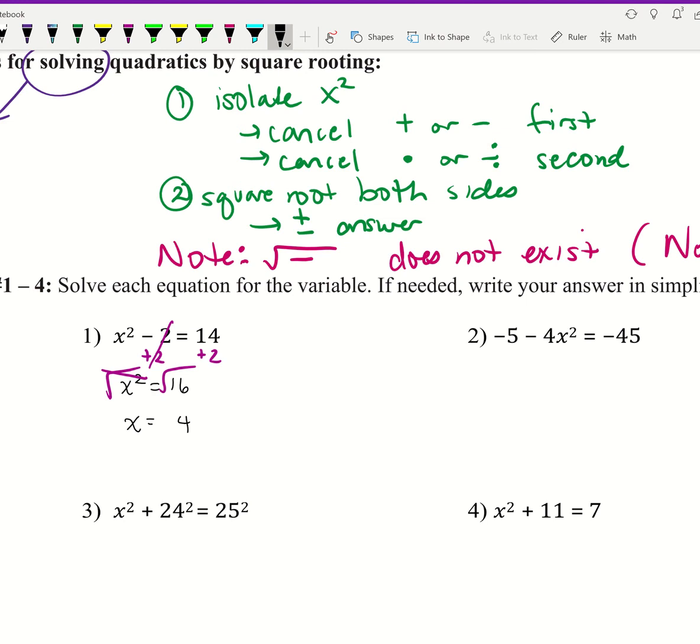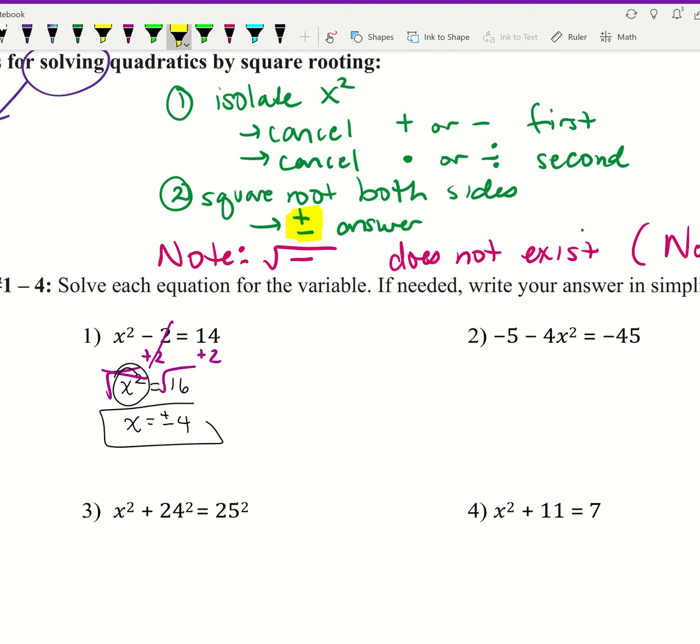However, we want any value of x that would work. Some number x times itself equals 16. Well, that's 4, but that could also be -4. So when you square root both sides, you are going to need to have a plus or a minus in your answer, because we want to understand that -4 times -4 would work for x, so would +4 times +4.